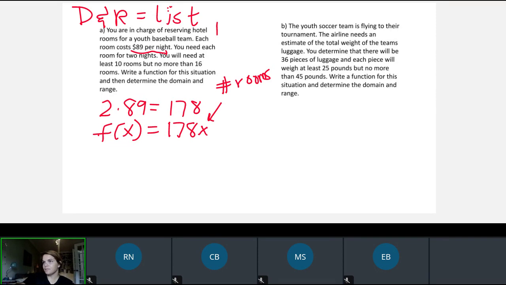If I write that my x values are between 10 and 16, that means that 10.5 is in there. Can I rent 10 and a half rooms? No. So you have to list out every number, and then to find your range, you're going to plug that number into your equation.